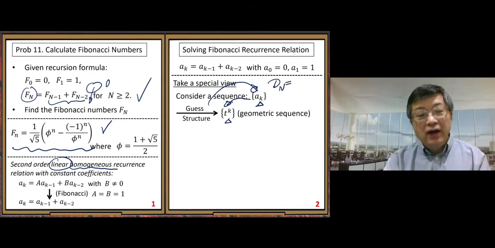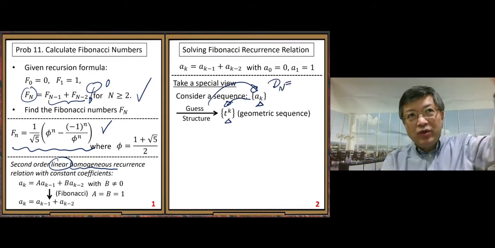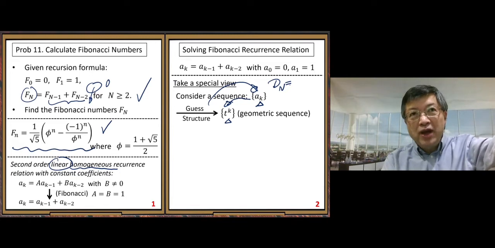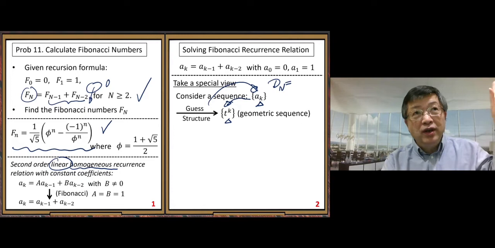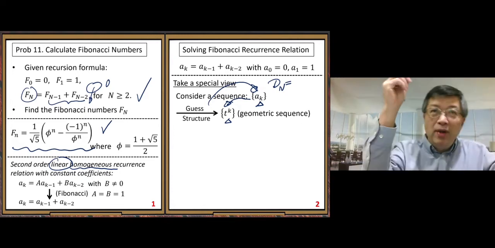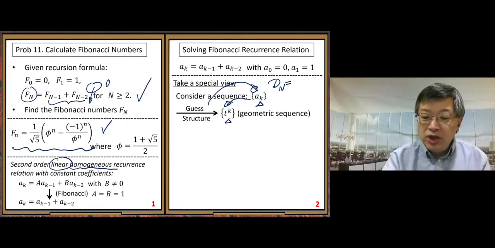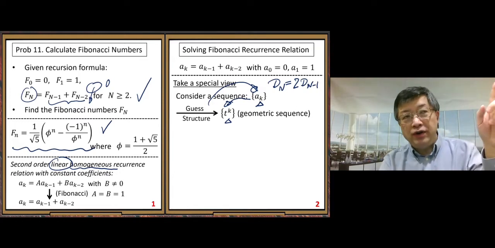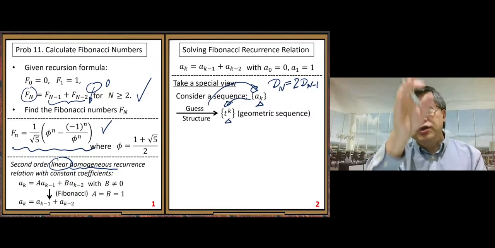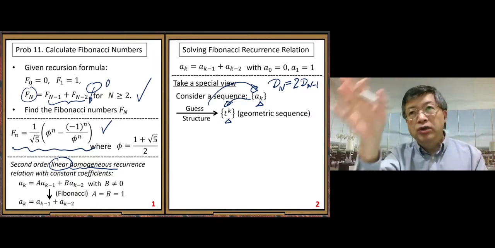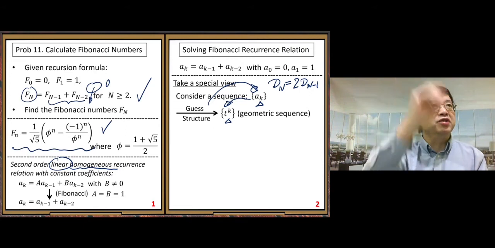We do some transformation to make it homogeneous, because the original linear recurrence relation is not homogeneous, but we add 1 to both sides, so we get a homogeneous one. So this is homogeneous. So this is the first order, right? 1 term at the right-hand side. First order linear homogeneous recurrence relation.